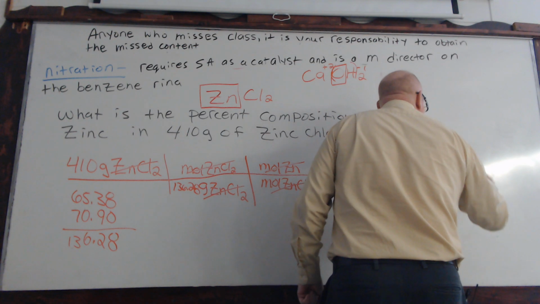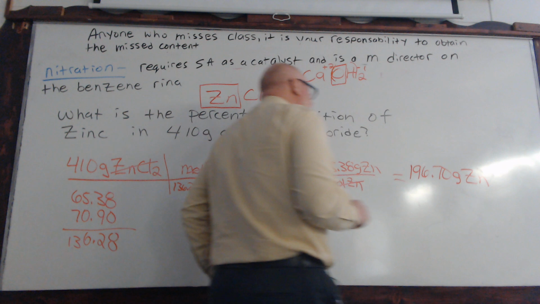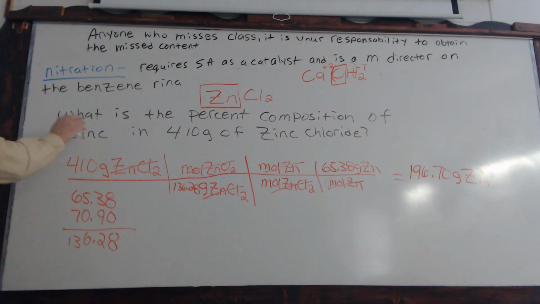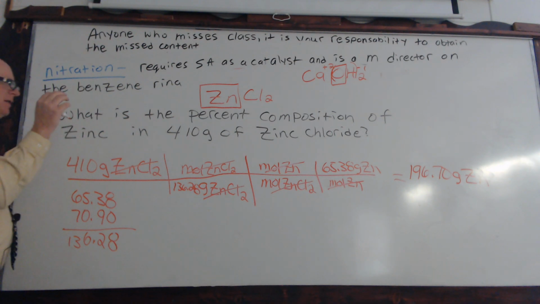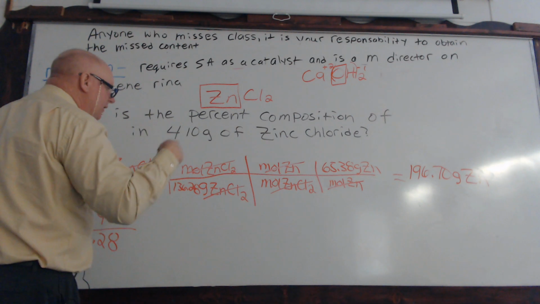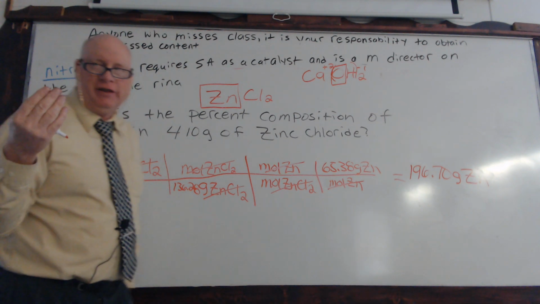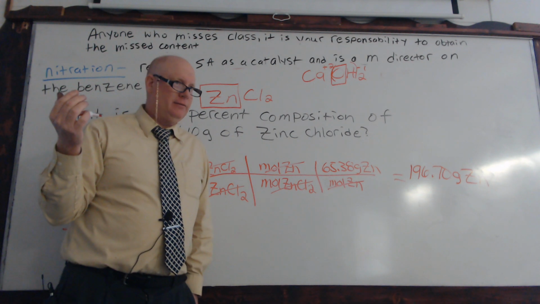Now, that's grams of zinc, but that's not what the question is asking though, is it? So we have 196 grams of zinc, but now, you've got a 50-50 chance, and we have not learned this yet. 196 over 136?